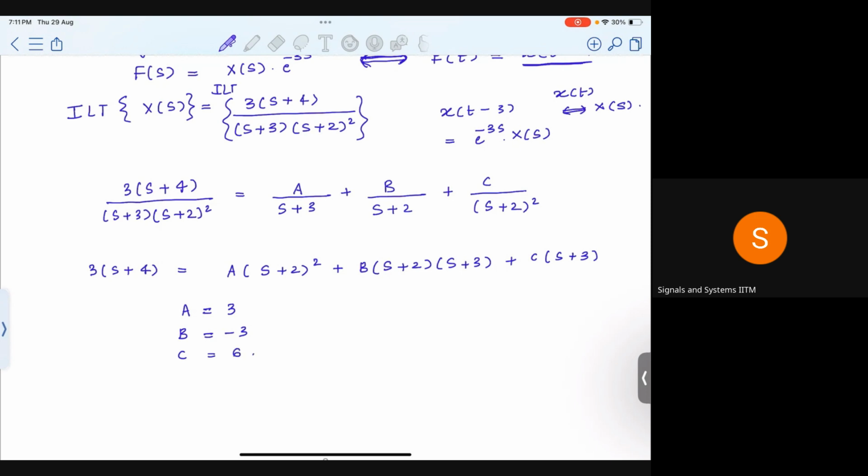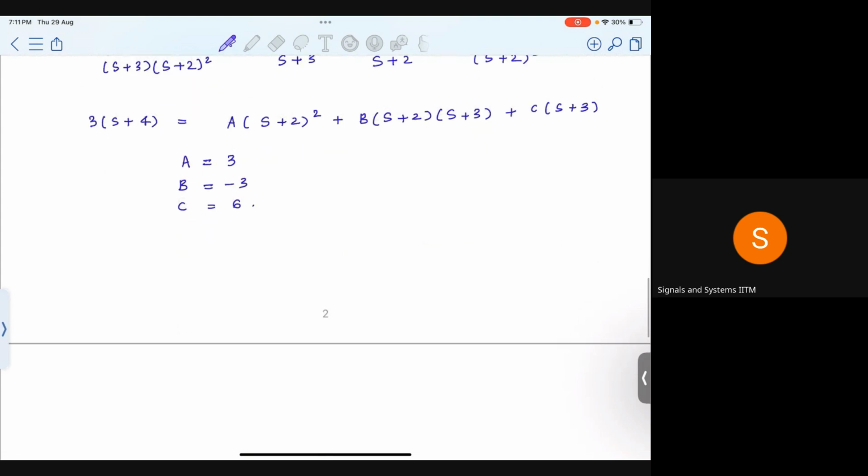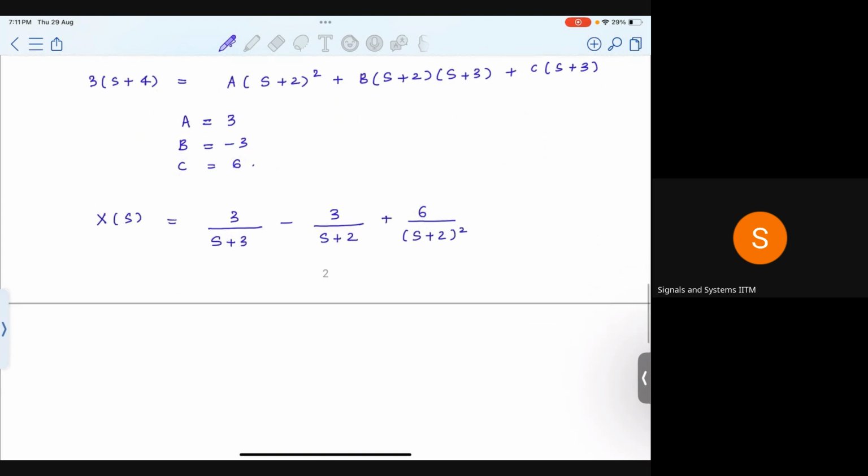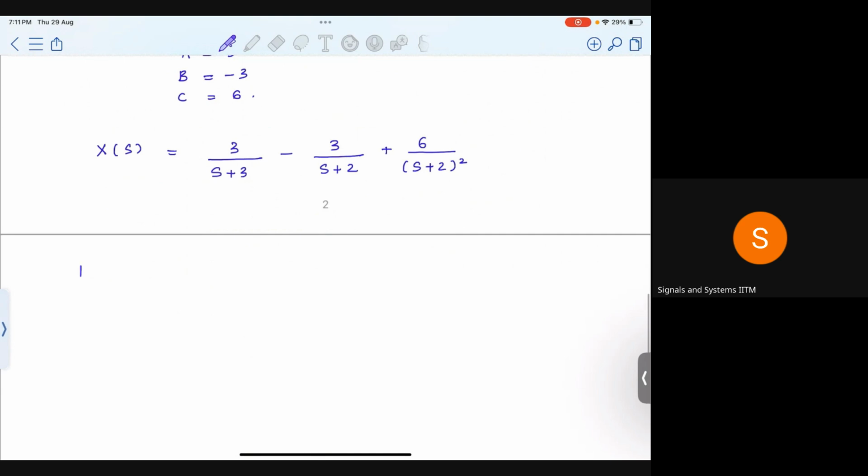So writing in terms of the fraction of variables, x of s is simply 3 by s plus 3 minus 3 by s plus 2 plus 6 by s plus 2 whole square. Now, since the Laplace transform is linear, its inverse Laplace transform is also linear.